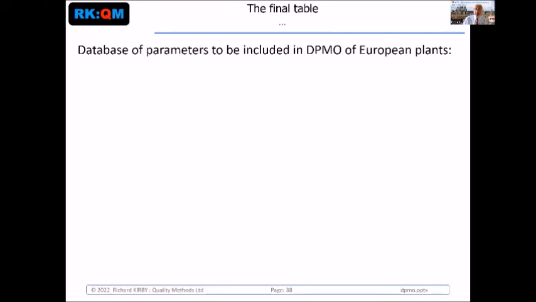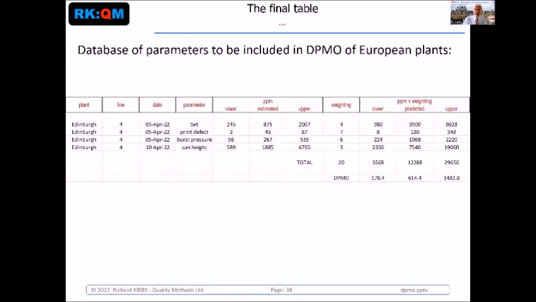The solution to combining all the different parameters of different importance comes in a simple database of the individual ppms you have prepared. Here is a simple example. On the left hand is the source of each ppm. Factory line, date, parameter, and so on.